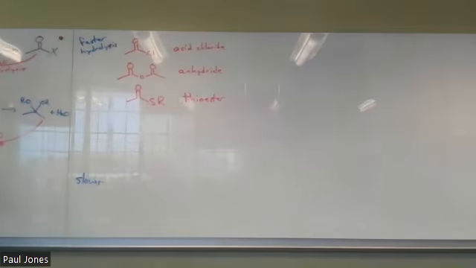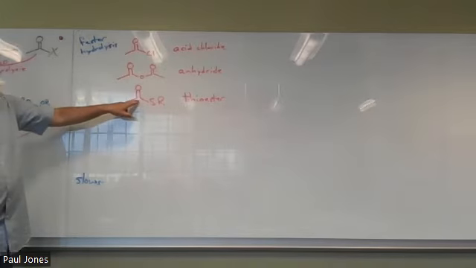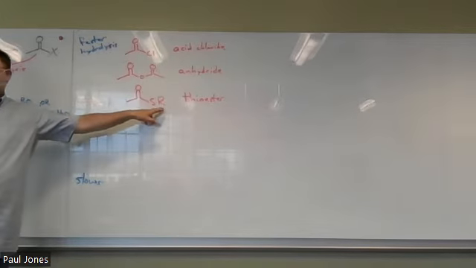Thioesters. You guys know esters at this point, or you should, hopefully. I've talked about them a lot. Hopefully you saw them in Orgo 1. If you haven't, now is the time to learn what an ester is. So a thioester is an ester. Again, an ester is a carbonyl bonded to an oxygen bonded to a carbon.